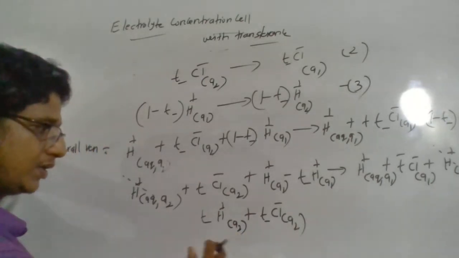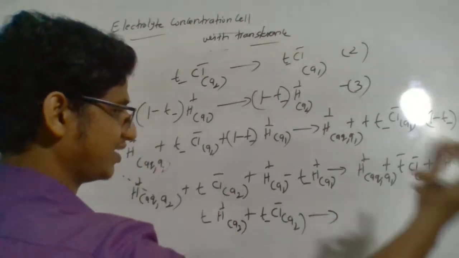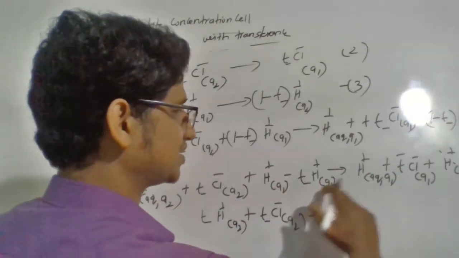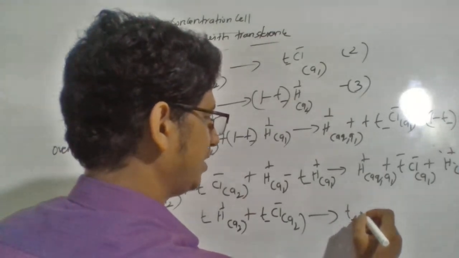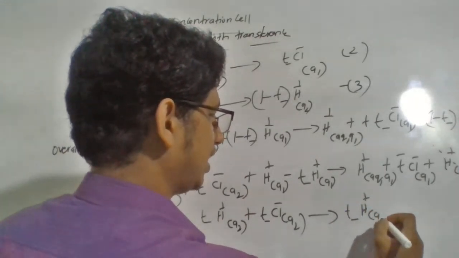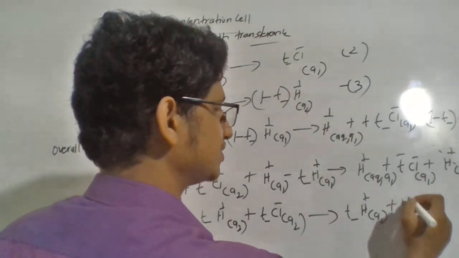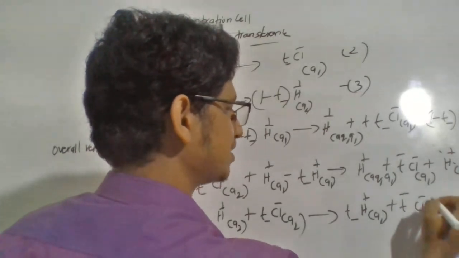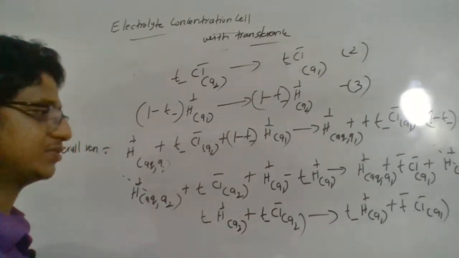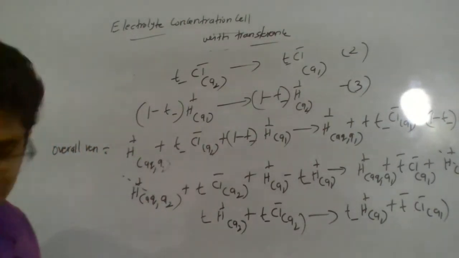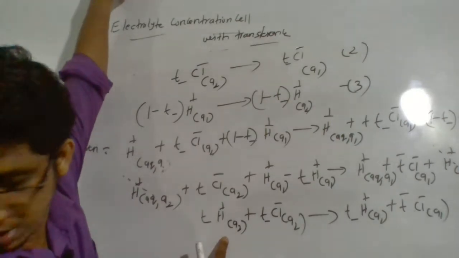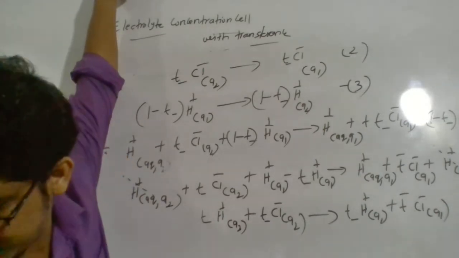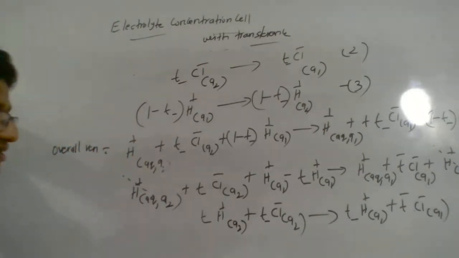I bring the A2 on the left hand side and bring now A1 on the right hand side. Here T minus H plus A1 is there. When it comes to this side it will be positive. So it will be T minus H plus A1 plus T minus Cl minus A1. So the equation has been simplified like this: T minus H plus A2 plus T minus Cl minus A2 gives T minus H plus A1 plus T minus Cl minus A1. All others will be cancelled.